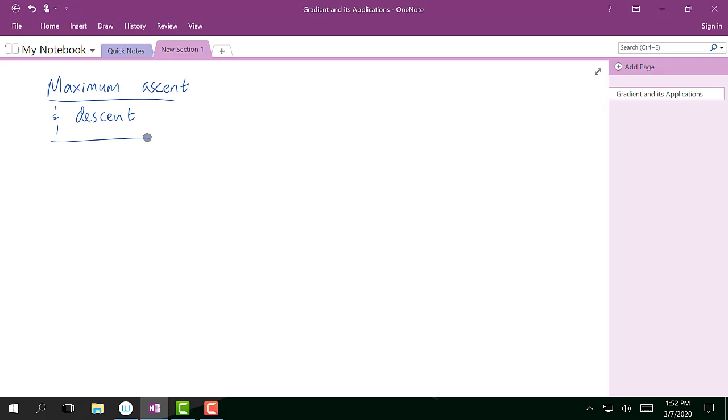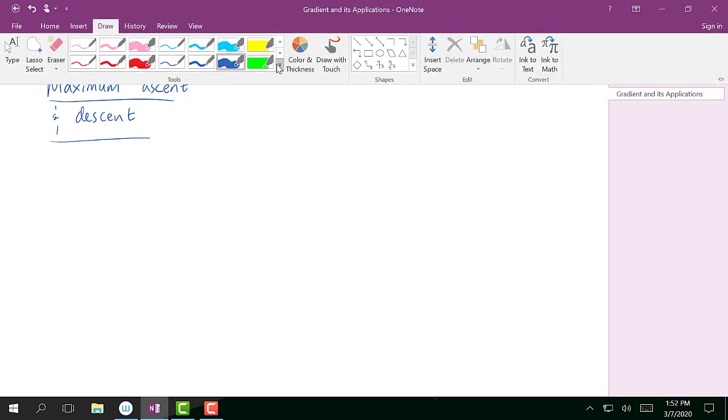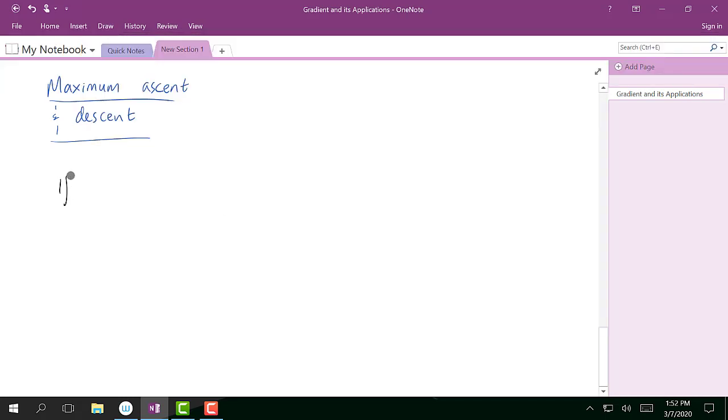So if the unit vector and the gradient of f are in the same direction, then we are going in the direction of maximum ascent.